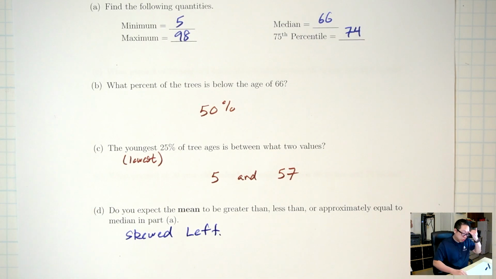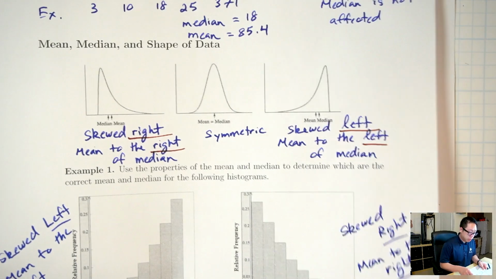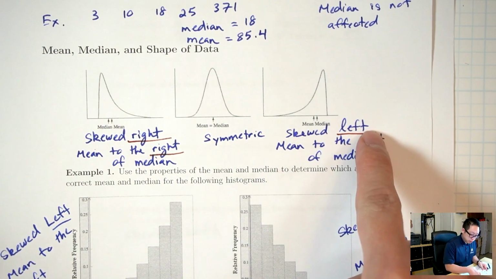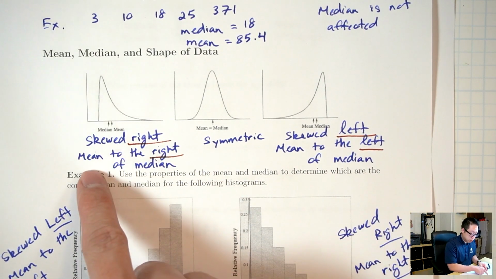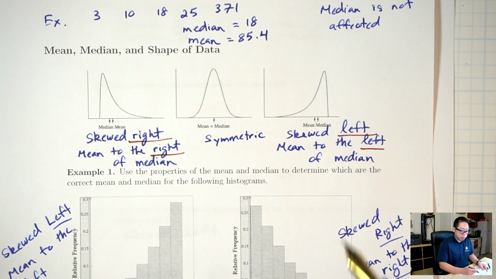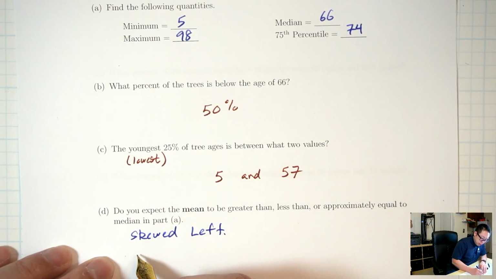But that doesn't really answer our question, right? Because what does skewed left mean? Remember when we talked about skewedness and the mean and the median, we said that if it was skewed left, then the mean is to the left of the median. If it's skewed right, then the mean is to the right of the median. So this is skewed left, so the mean is to the left of the median.